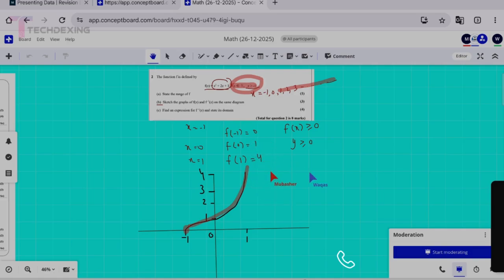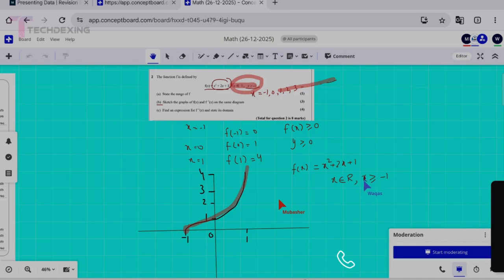Suppose we are talking about f of x. We have the f of x function, and that will be x squared plus 2x, I'm writing over there, plus 1, right? So we got the domain that is x belongs to R and x greater than or equal to negative 1, right?